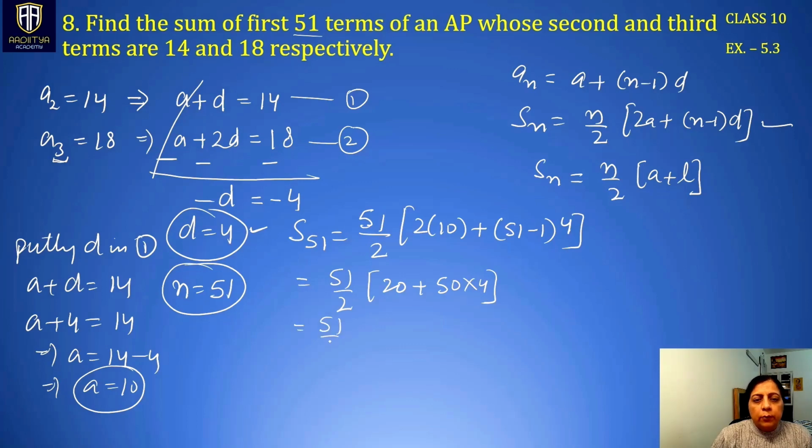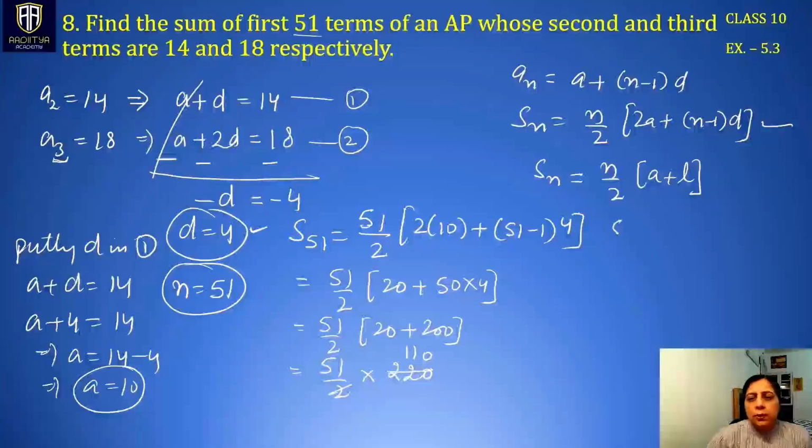This is 51 by 2, and 20 plus 50 times 4 is 200, so we have 51 by 2 multiplied by 220. This makes it 110. So S51 becomes 51 multiplied by 110.